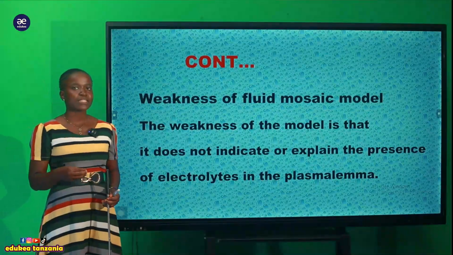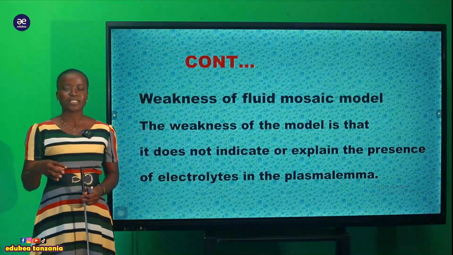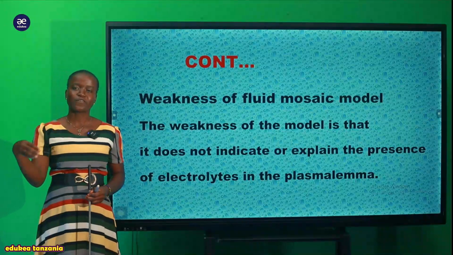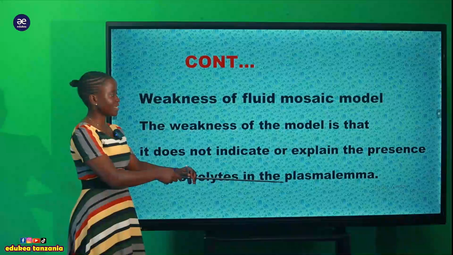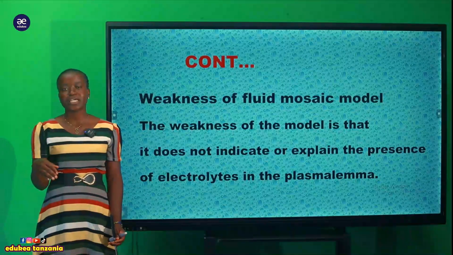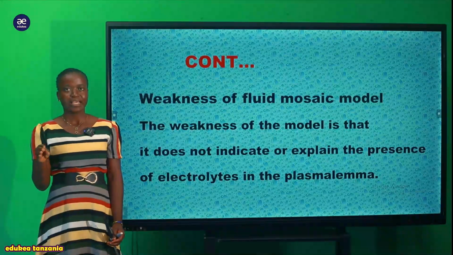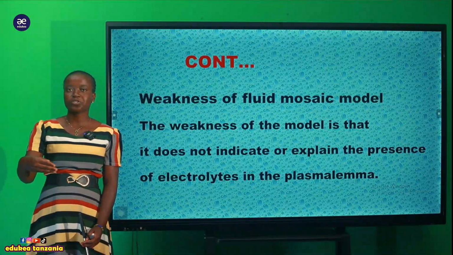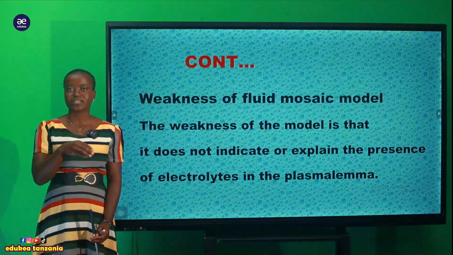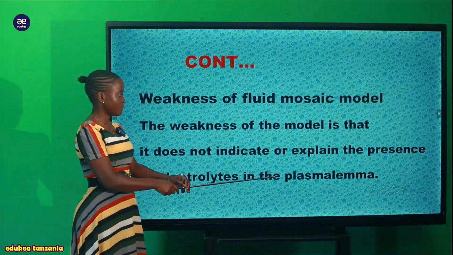Since the electrolytes help in detection or the passage of information from one cell to another. So now you can see this plasma lemma. It acts as a joint between one cell and another cell. So where does that information come from? From one cell to another cell is through this place.